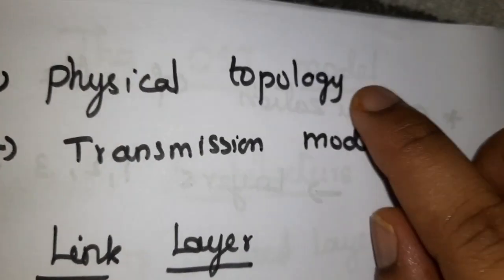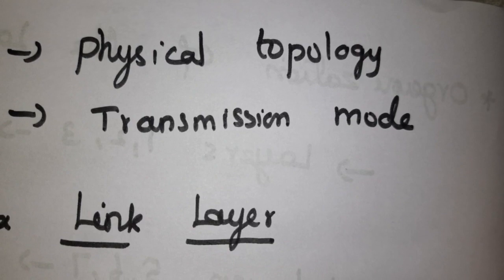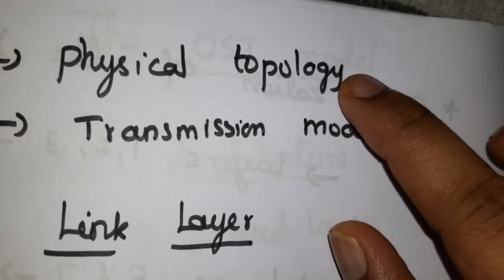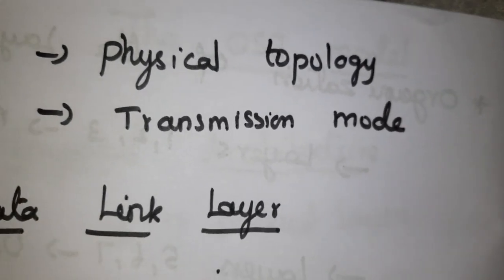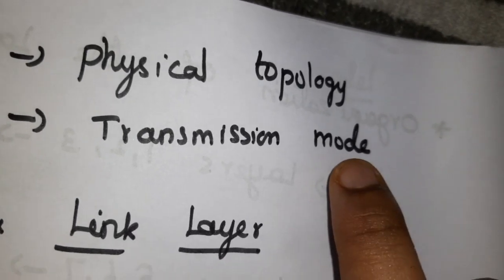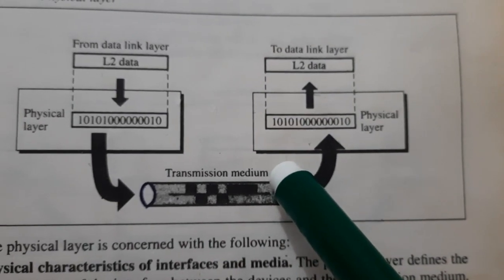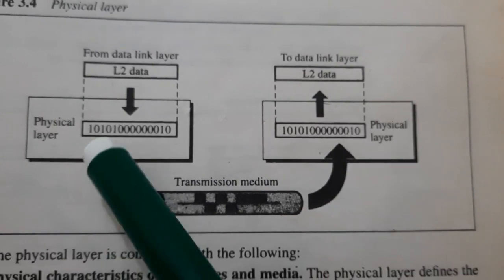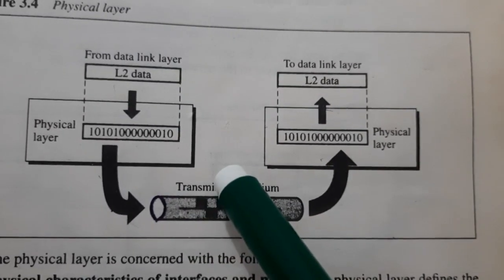Next is physical topology, the type of topology, that is mesh topology or star topology, which is also defined in this layer. Next is transmission mode, the type of transmission mode, that is simplex, half duplex or full duplex, also defined in this layer. So this is the function of the physical layer. It transmits data from transmitter to receiver via the transmission medium.